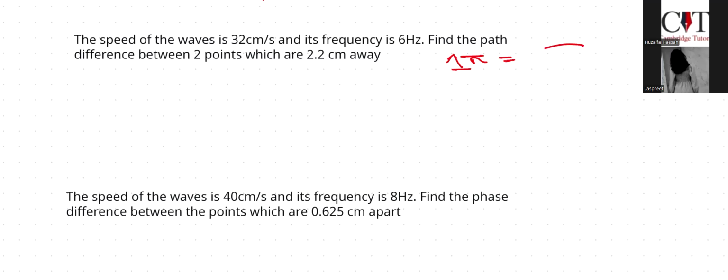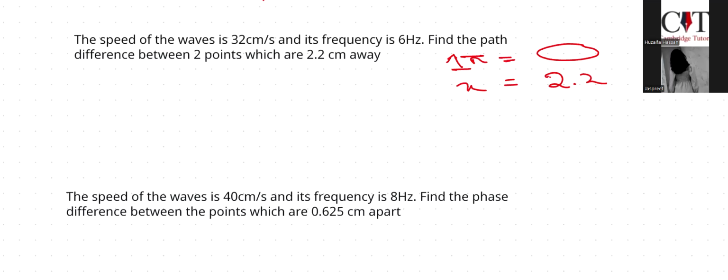If you have to find that path difference for 2.2 centimeter, you can calculate the x, right? Now we have to find the dash first of all. So we have to find the distance of one complete wave.